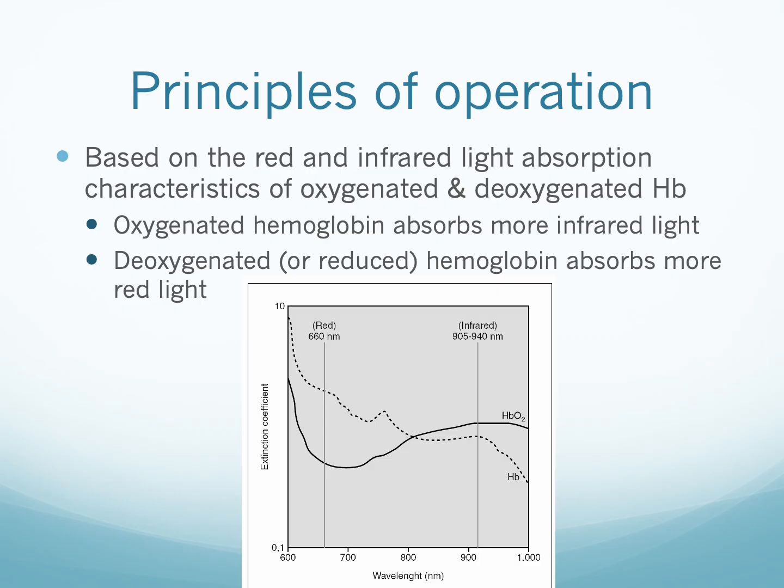The principles of the pulse oximeter is that red and infrared light are going to be transmitted through a tissue bed. The oxygenated hemoglobin will absorb more of the infrared light than the red light, where deoxygenated hemoglobin absorbs more of the red light than the oxygenated hemoglobin.